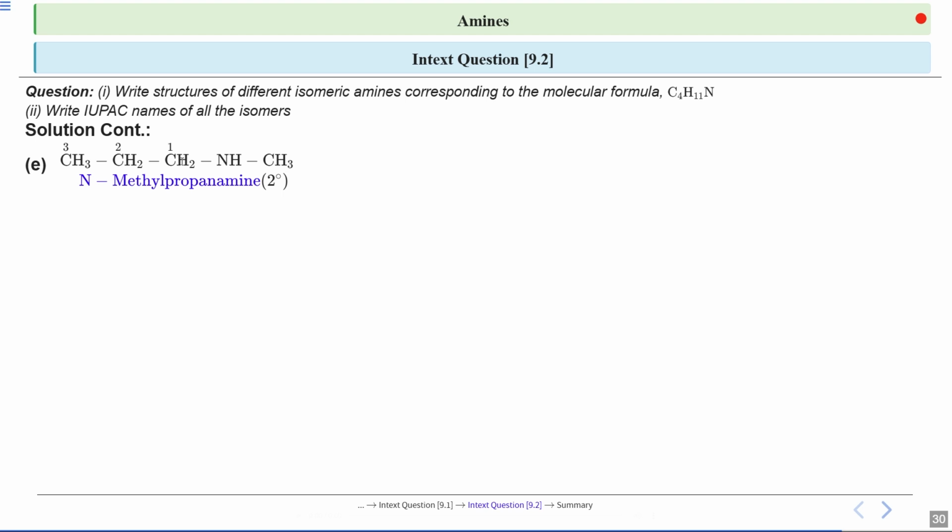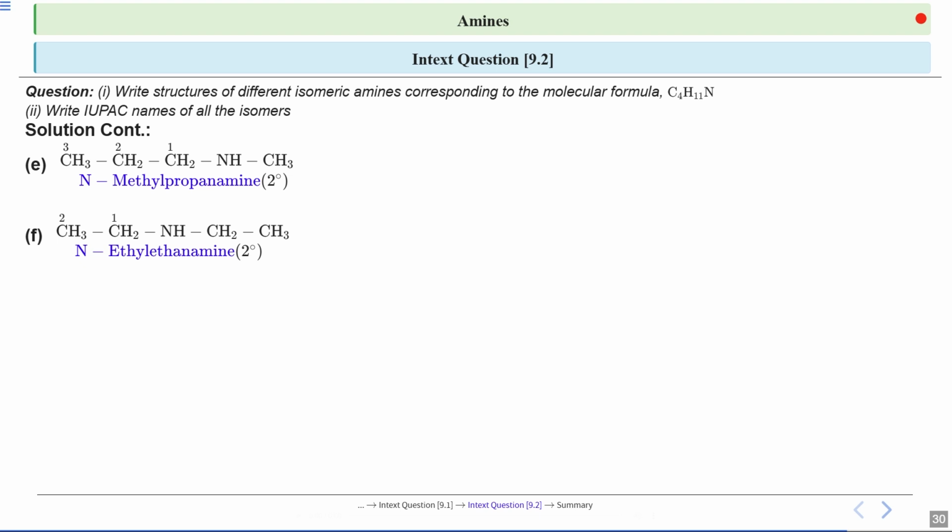Now, this is N-methylpropanamine because the methyl group is directly attached to this nitrogen. So this will be designated as N-methyl, and propanamine. This is a 2-degree amine because this nitrogen is bonded to 1 hydrogen and 2 carbon atoms. Now this is another isomer.